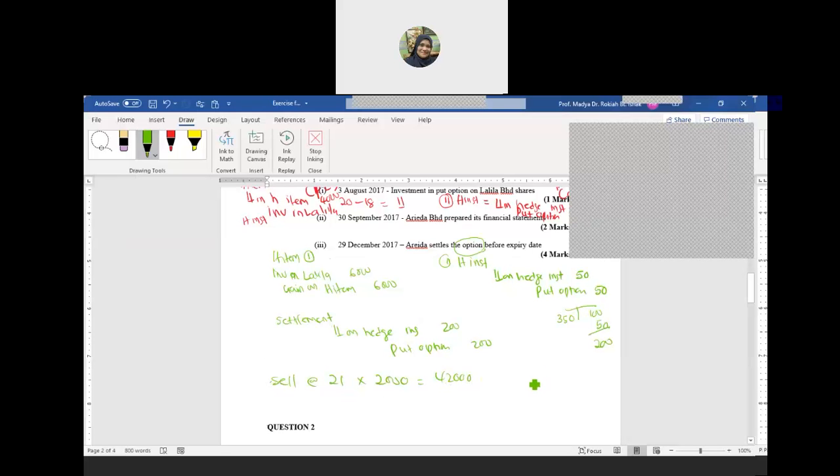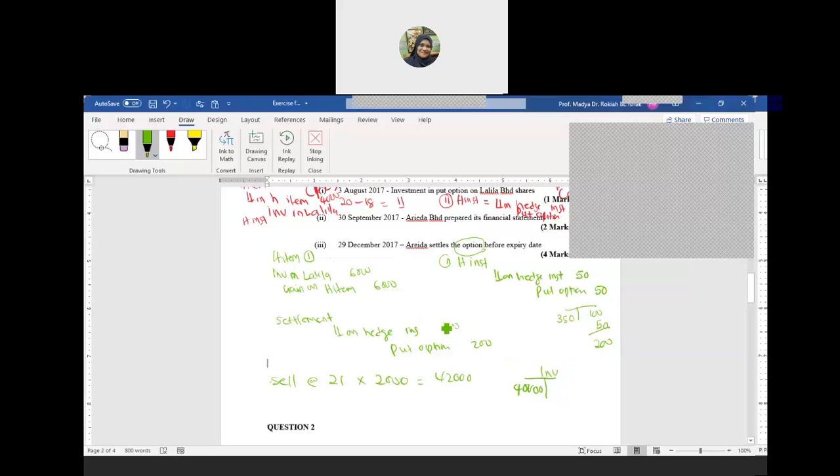Look at the amount of your investments. Let's say at the beginning, the value of your investment is 20 ringgit times 2,000, so you have 40,000 at the beginning.